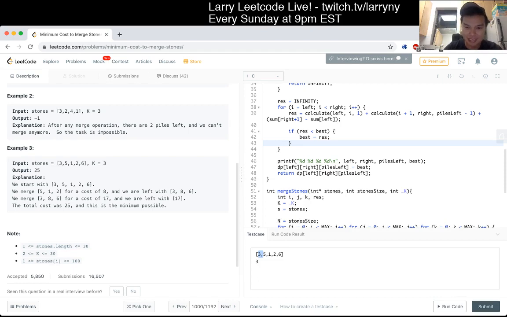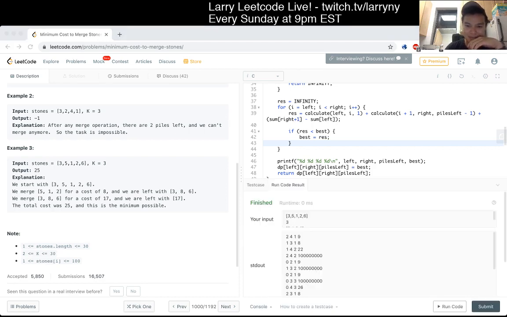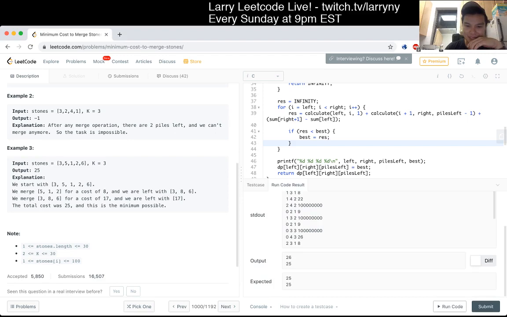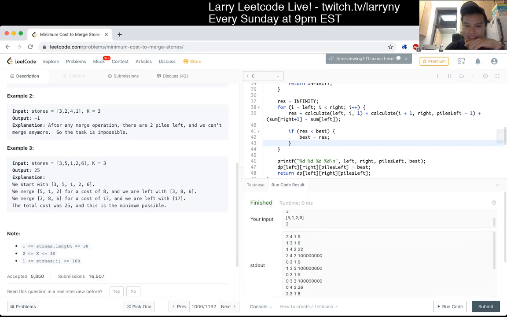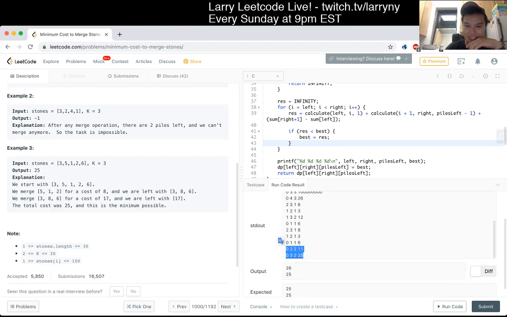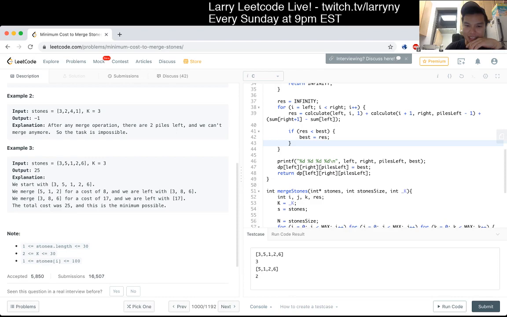Let's play around. I mean, that's a different problem a little bit. But it thinks that I could do it in 22, which is the issue. Why does it think I could do it in 22?